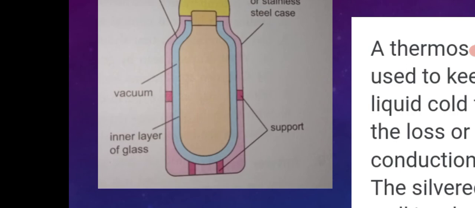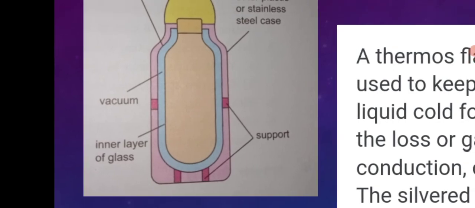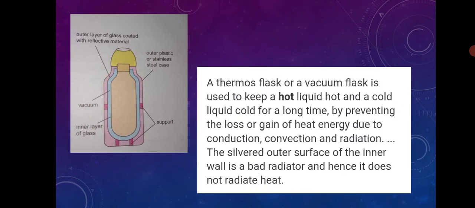This color does not allow the sun's heat, so the heat by radiation also does not come inside the bottle and also does not go outside the bottle. In this way, if we keep any material inside the bottle, this material does not lose its temperature.